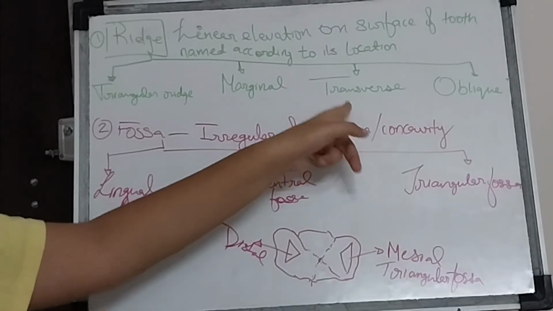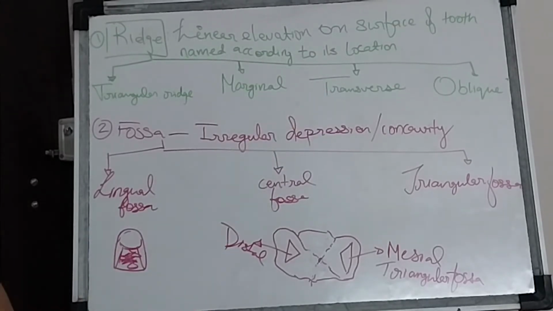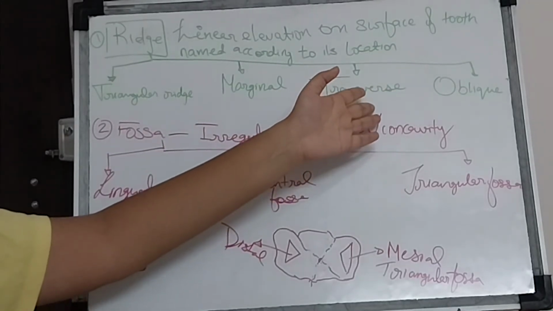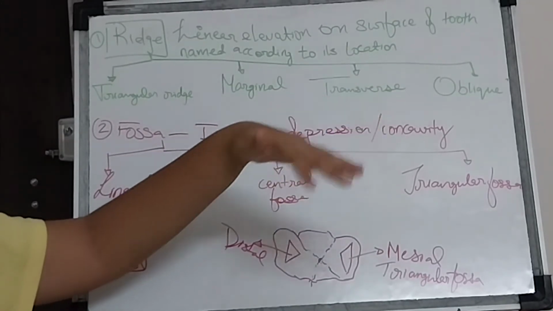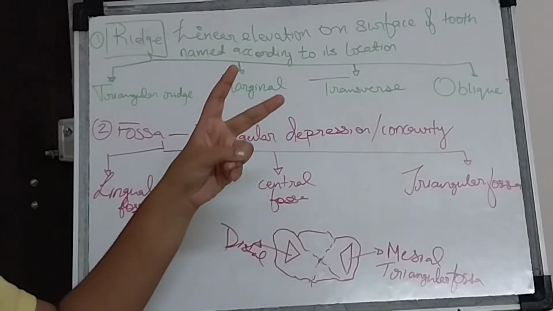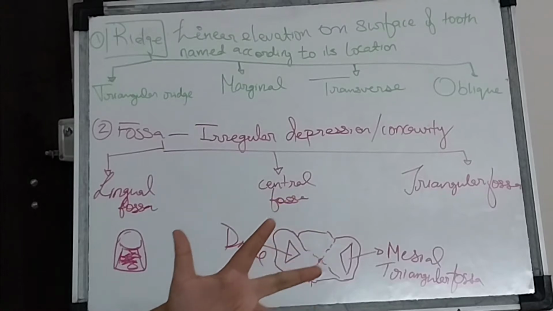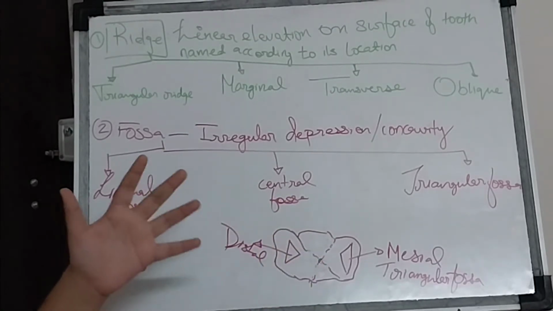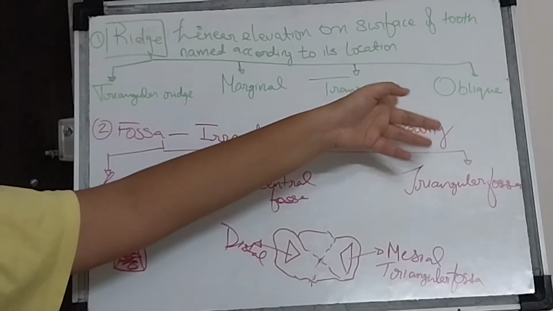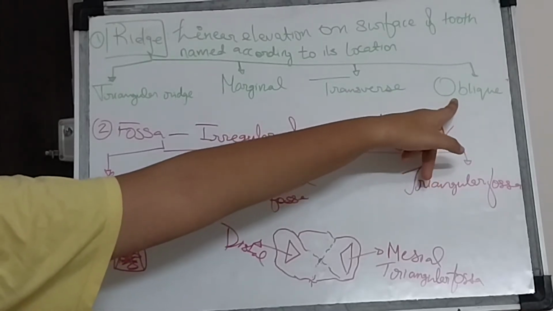And transverse ridges are found in the posterior teeth, on the occlusal plane, where two triangular ridges unite and the ridges cross transversely. In this one the ridges cross transversely, and in this one they cross obliquely.